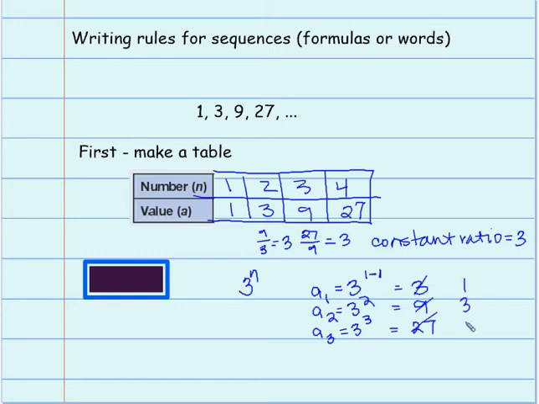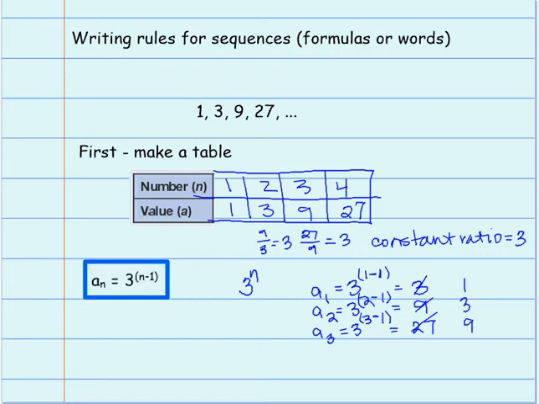This is 1, this should be 3, this should be 9. If this is 3, this needs to be minus 1 power. And this needs to be 3 to the 3 minus 1, because that would be 3 squared, and this would be 3 to the 1st, and this would be 3 to the 0. So it is the position number, but I have to subtract 1 from it every time.